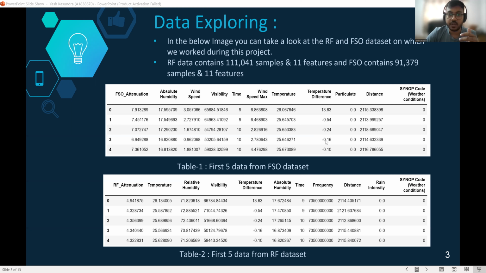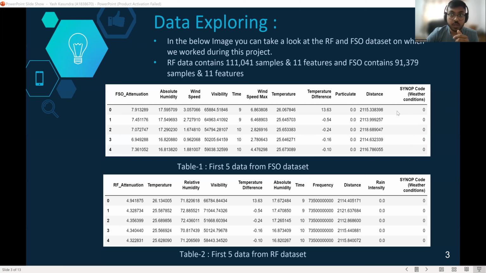For example, FSO might be affected by wind speed, while RF might be affected by frequency of transmission, etc. Therefore, only those conditions that have some relationship with attenuations were recorded. And if you see, all these features are numerical in nature, except synopcode. Synopcode is the only variable which is categorical in nature, and we'll look at how to deal with that in the later slides.